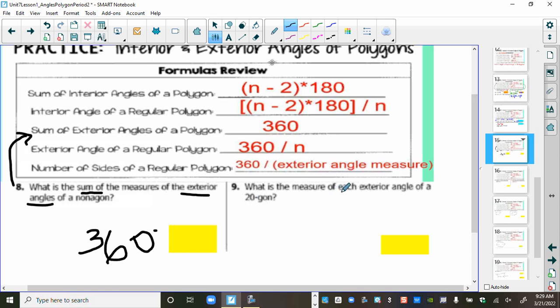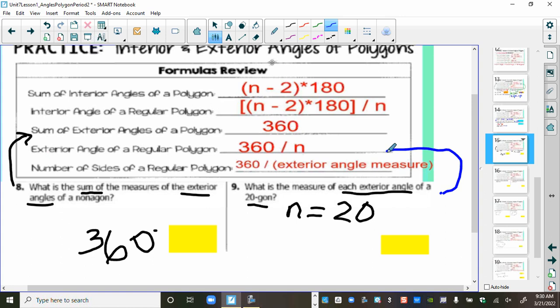Now, what is the measure of each exterior angle? So if it's each exterior angle of a 20-gon, well, in this case, N is 20. So which one do we use? Is it going to be 1, 2, 3, 4, or 5? Each exterior angle. Which one is it? The fourth one.